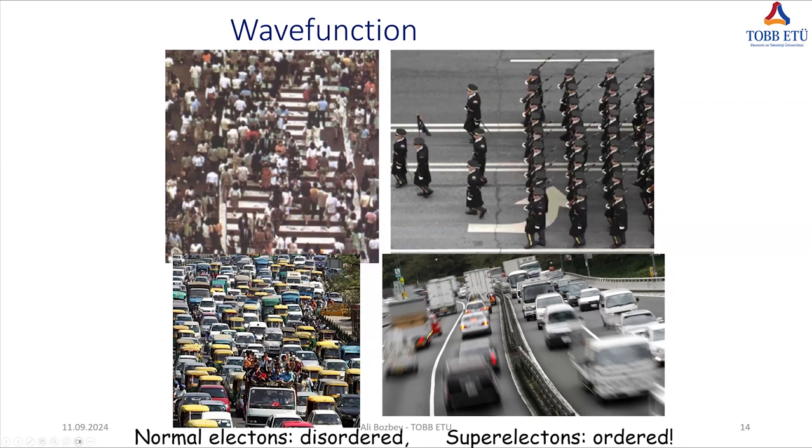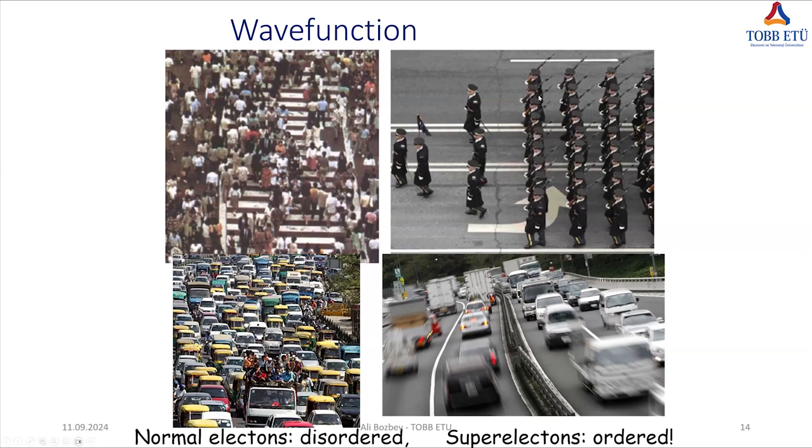For example, in this left top picture, there is a pedestrian crossing, but without any organization. So the pedestrians hit each other and they move slowly. Or on an Indian highway, or maybe a Pakistani highway sometimes, we see such crowded cars, or maybe in Istanbul also, and they move very slowly.